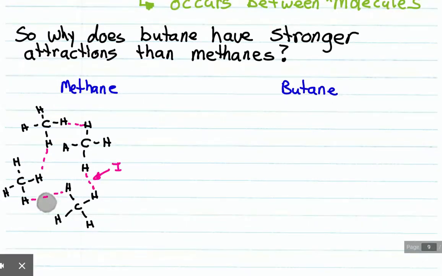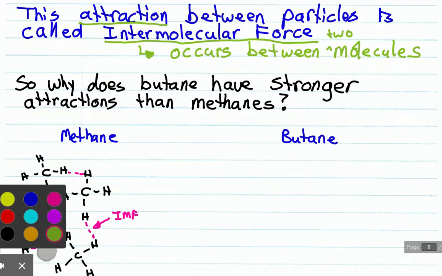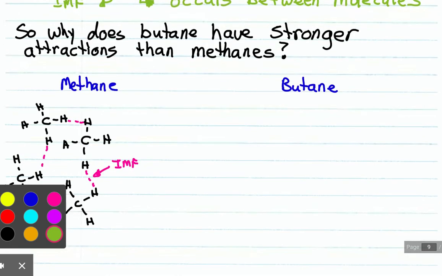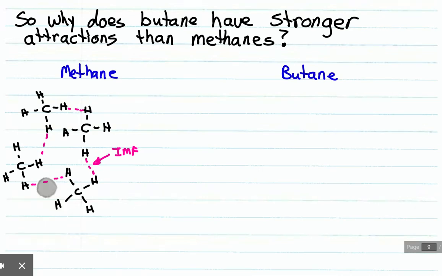So all of these methanes have some intermolecular forces of attraction between them, and I'm just going to call it IMF. Actually, I think up here I should probably give you that short form. So sometimes we short form intermolecular forces. Instead of writing that whole word out, we write IMF. So this looks pretty good to me. Our methanes have some intermolecular forces of attraction holding them together. Now let's look at what some butane molecules would look like.